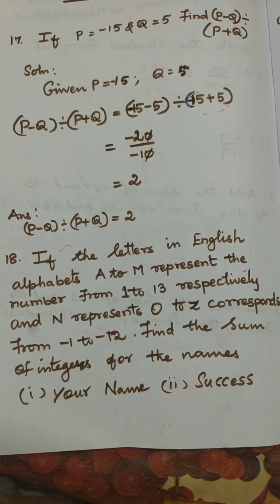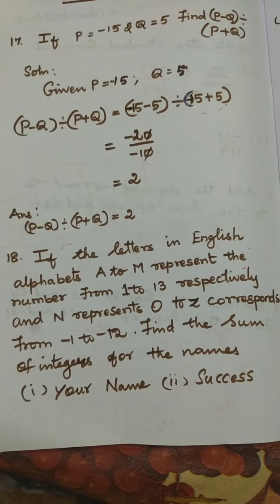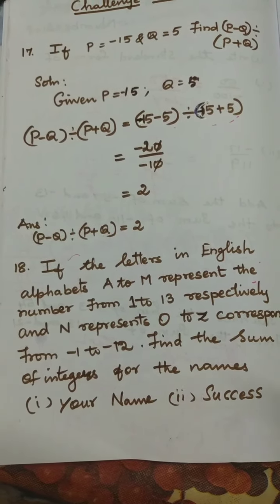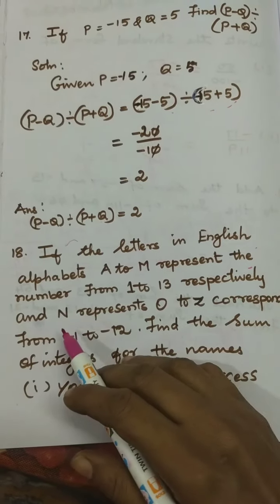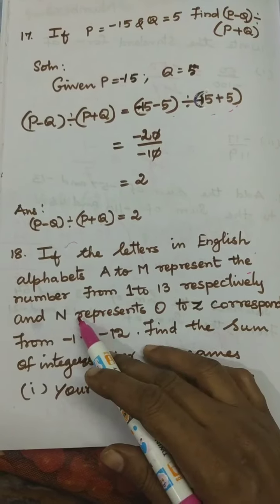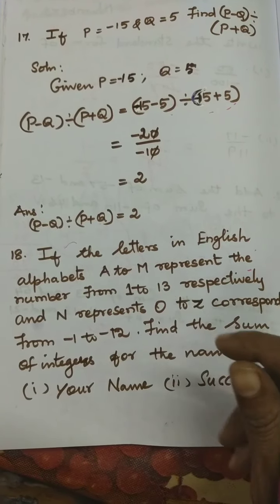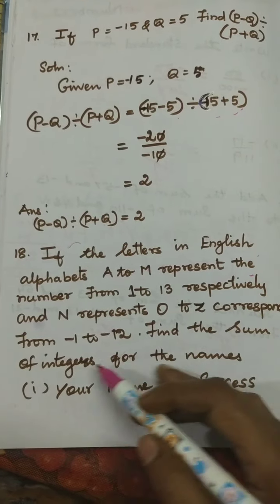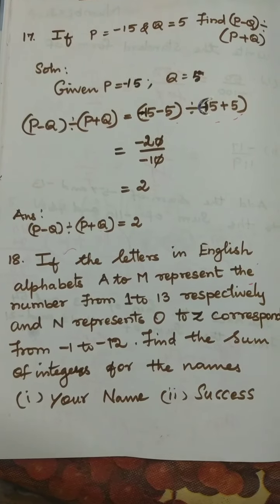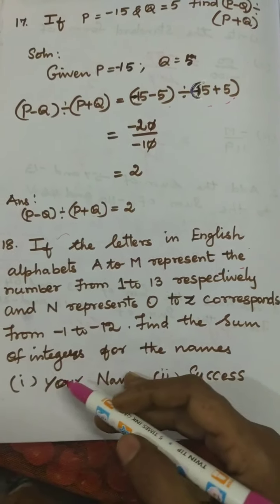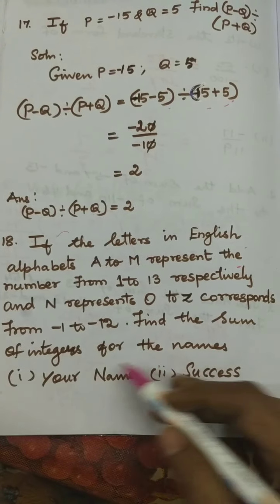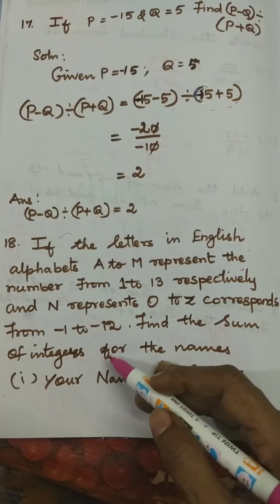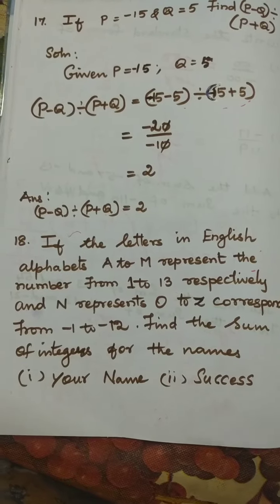That is, for English alphabets, A is 1, B is 2, C is 3, like that up to M, that is 13. Then N is 0, and after N, O, P, Q and all up to Z, it is minus 1 to minus 12. You have to take it like that. And you have to write your name and add the integers for your name.